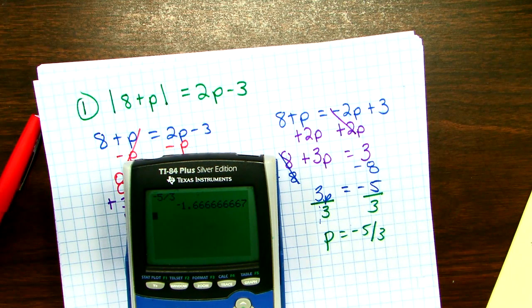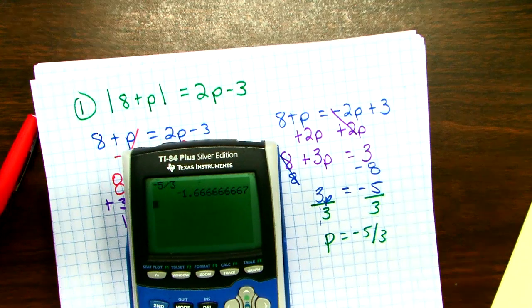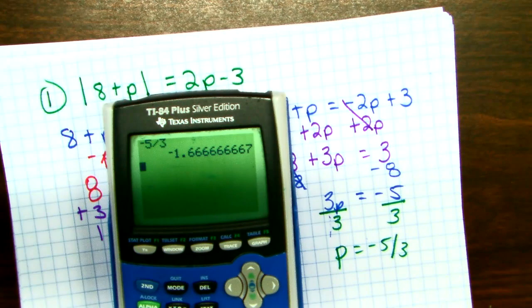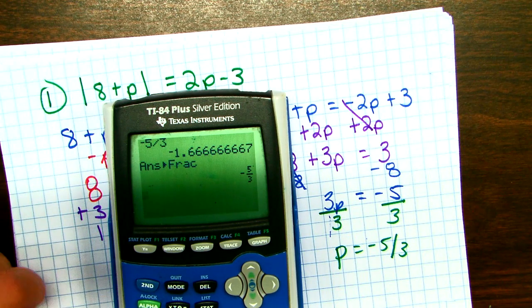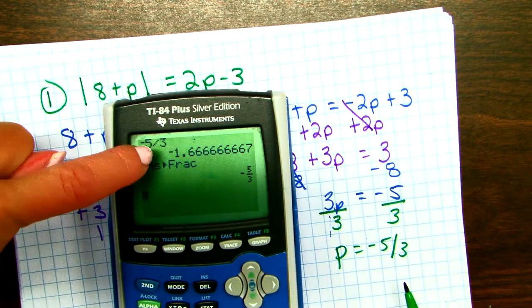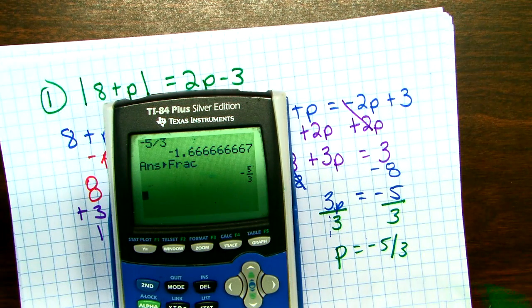How do I go back to a fraction on the calculator? I'm stuck here. I want the fraction form of this. What are the buttons? Come on, you guys remember? No? Math, enter, enter. Remember? Math, enter, enter changes a decimal to a fraction. So if you get that decimal, you're like, ooh, I wasn't supposed to have a decimal. Math, enter, enter takes you back to a fraction form. Okay?